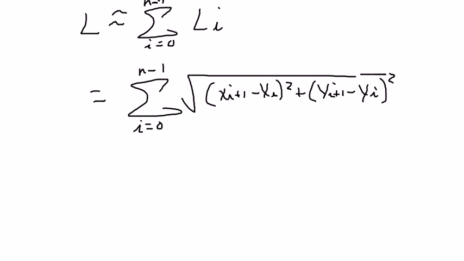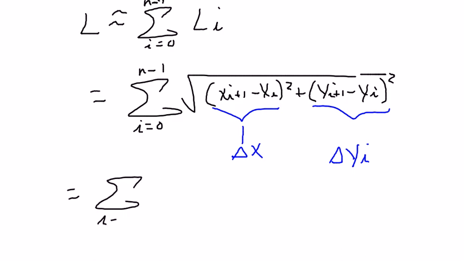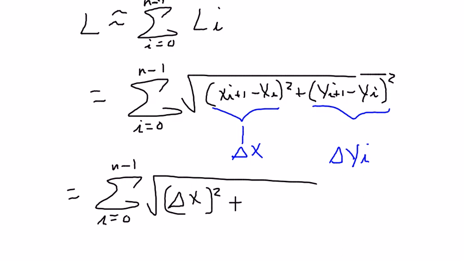Now, the distance between any two x points is just delta x. In a perfect world, y would change the same everywhere, but y doesn't change the same everywhere, so we're going to call this delta yi. So this is equal to the sum, i going from 0 to n minus 1, of the square root of delta x squared plus delta yi squared.